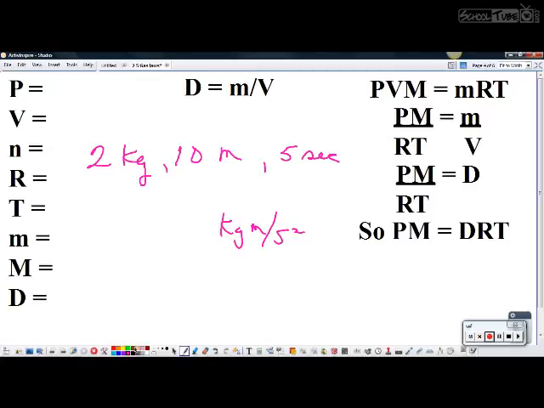What do the units tell you you've got to do? You've got to multiply kilograms times meters, then divide by seconds squared. So I could say 2 kilograms times 10 meters divided by 5 seconds squared. The units are going to come out to be kilograms meters per second squared. And I don't know a thing about how to work this problem, but I know how to make these units work, so in the ACT I can figure it out without knowing anything about it.